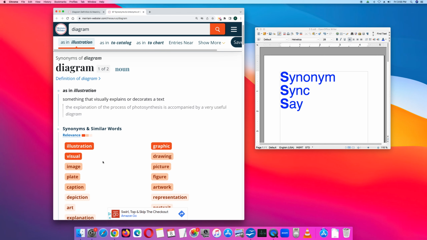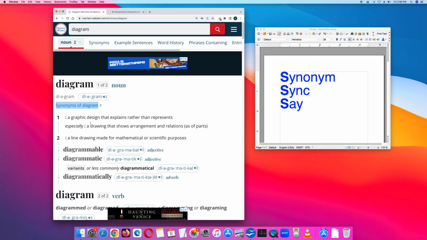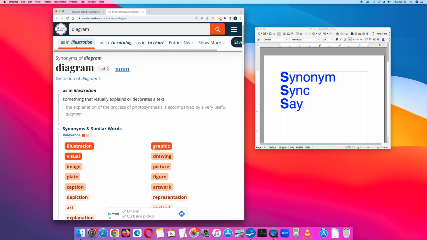So what I do first is pick the one word that is the best synonym, or the best synonym that you like, for the word diagram. Here I like the word drawing because drawing actually shows up in the definitions too. Look, diagram, drawing. So first pick the number one word, drawing.